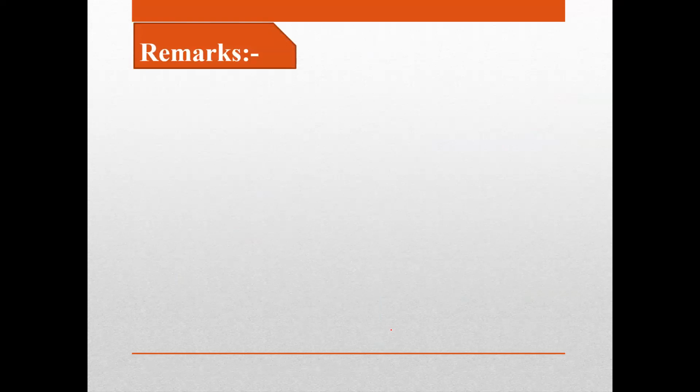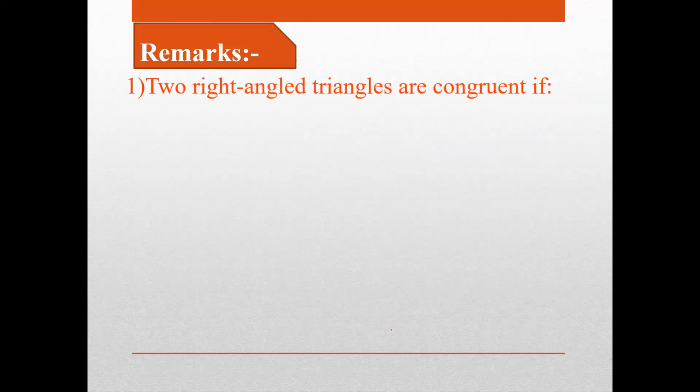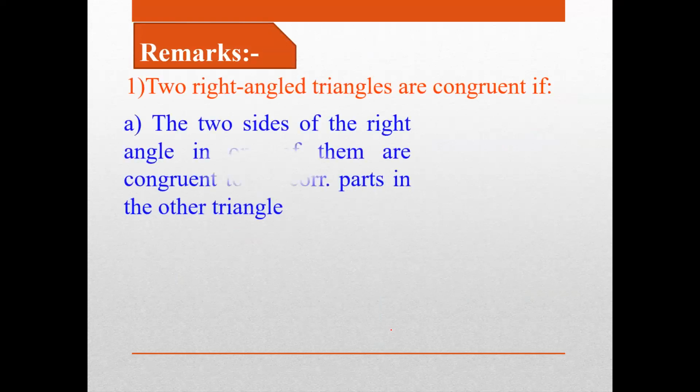We have important remarks. Two right-angled triangles are congruent if two sides of the right angle in one of them are congruent to the corresponding parts in the other triangle.